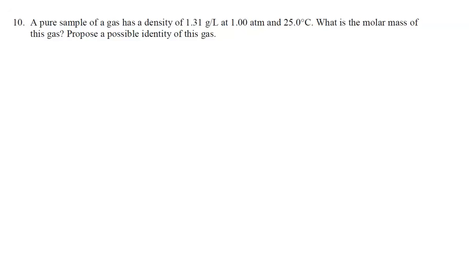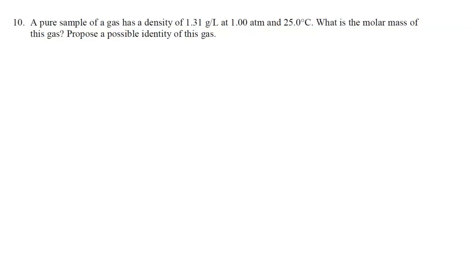Question 10 says a pure sample of a gas has a density of 1.31 grams per liter at a pressure of 1 atmosphere and a temperature of 25 degrees Celsius. What is the molar mass of this gas? Propose a possible identity of this gas.